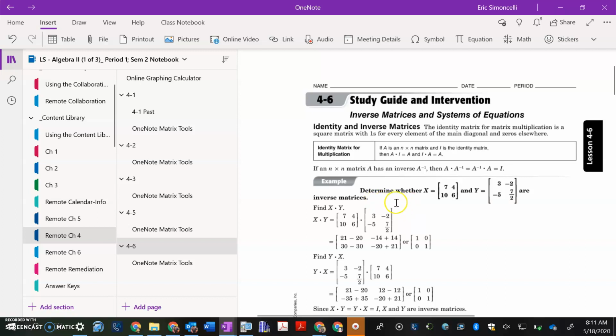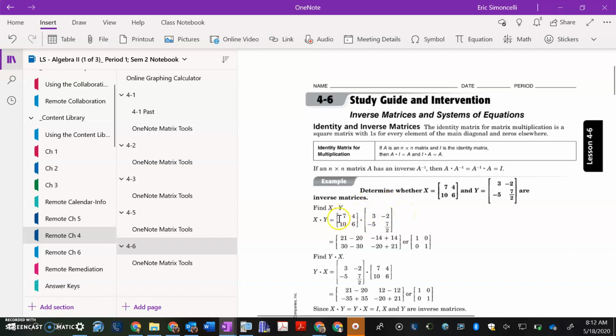Example: determine whether X, which is a 2 by 2, and Y, which is a 2 by 2, are inverses of each other. So here's how this is going to work. If you multiply matrix X times matrix Y, a 2 by 2 times a 2 by 2 will be a 2 by 2 because the inner values are the same, and the answer will be the outer values.